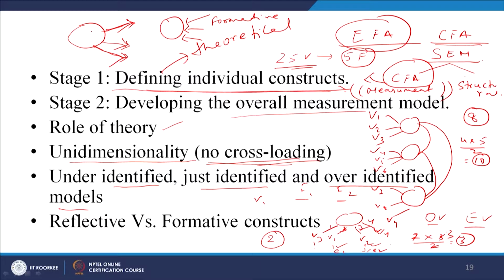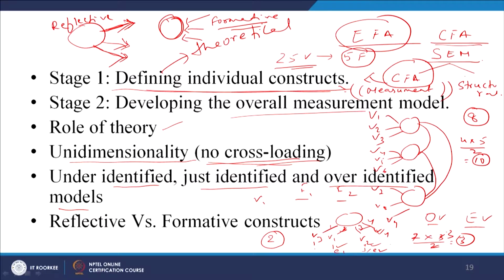When the latent variable is explaining the individual items, that means the arrow is moving towards the variables, it is a case of reflective. On the opposite side, when the variables are explaining the construct, and the arrow is moving from the variables to the construct, it is a case of a formative construct.